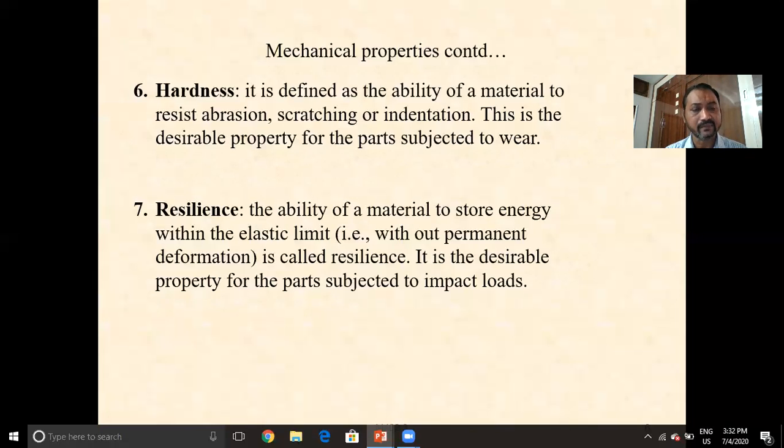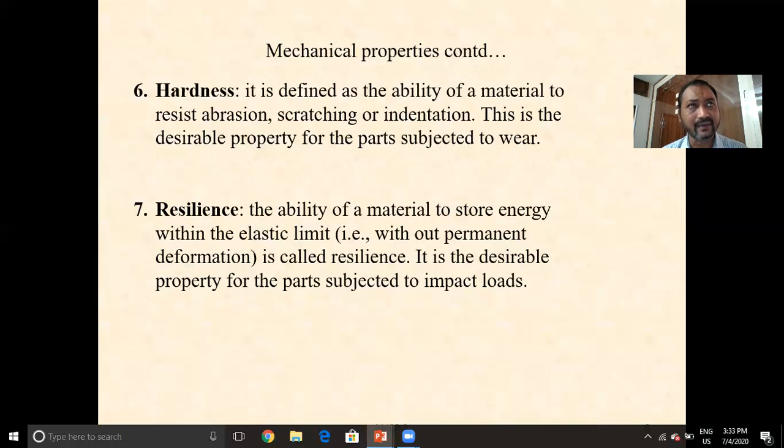The hardness of a material plays a very important role in selecting that material for various applications. For example, for a material to be selected for a cutting tool, hardness is the foremost property required. Cutting tools are made only with harder materials.